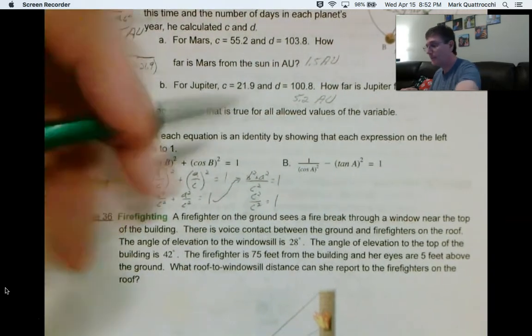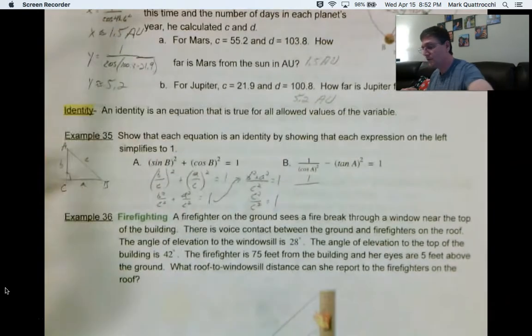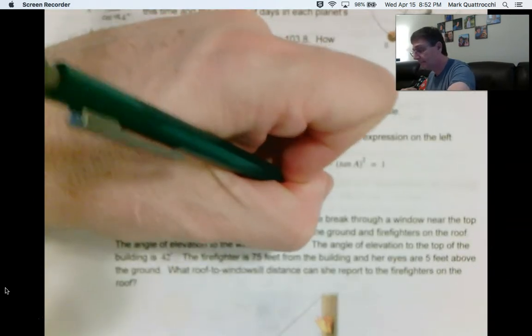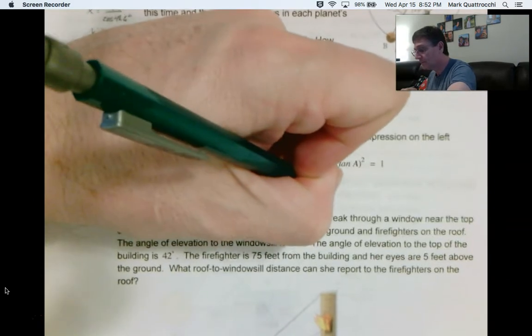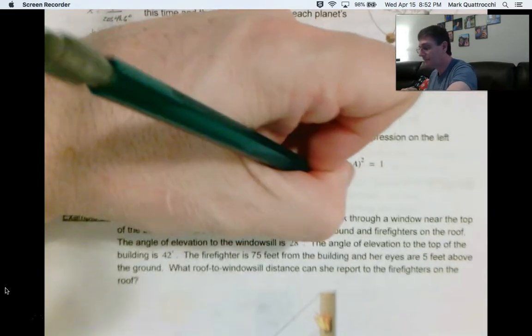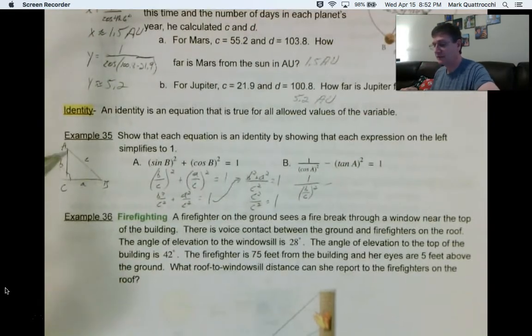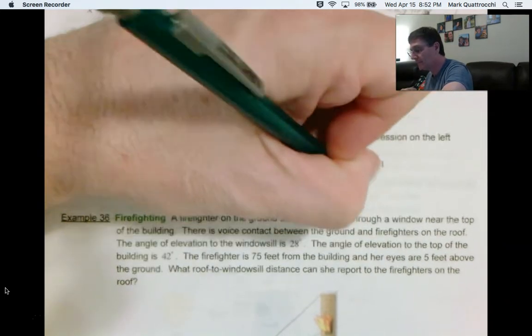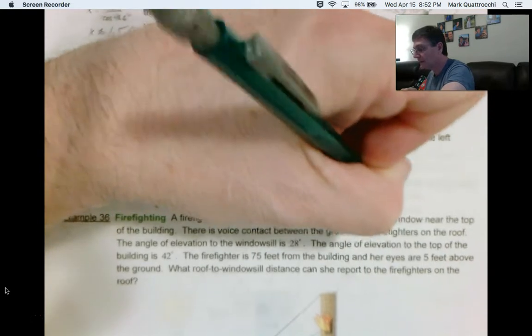Part B, 1 over cosine of angle A is b over c, squared, minus tangent of angle A is a over b, squared, equals 1.